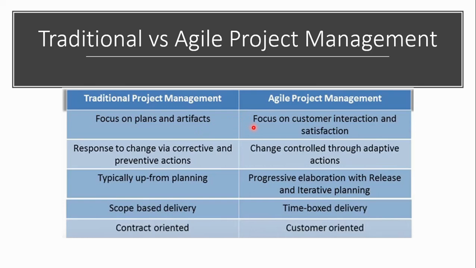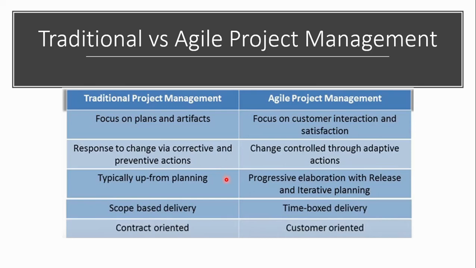In Agile, it's more about value, and the Agile concept comes more into customer interactions. Here we respond to change via corrective and preventive actions or change management control, since it's a change control through adaptive actions and through iterative cycles.